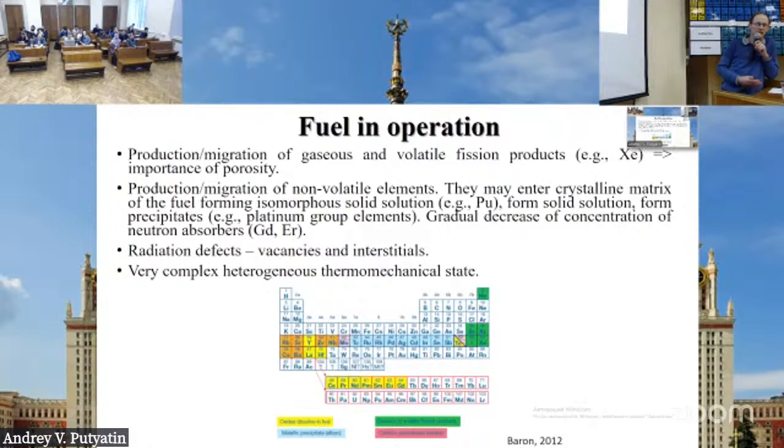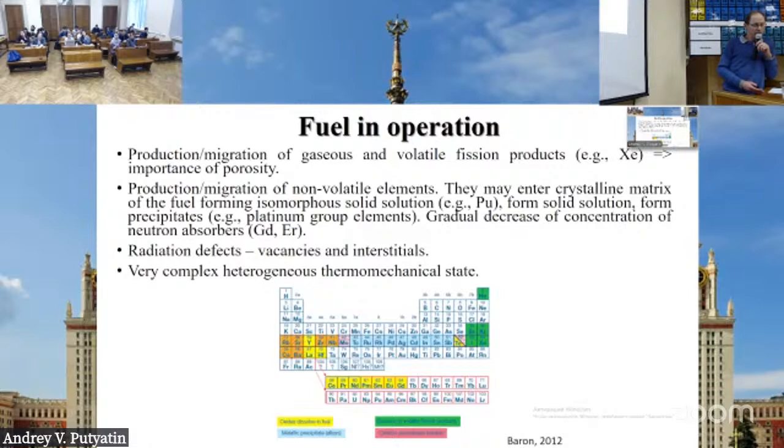Green ones are volatile elements, mostly gaseous, and also elements with low temperature of evaporation. So of course they migrate both to the pores and towards the gap between the cladding and the fuel.